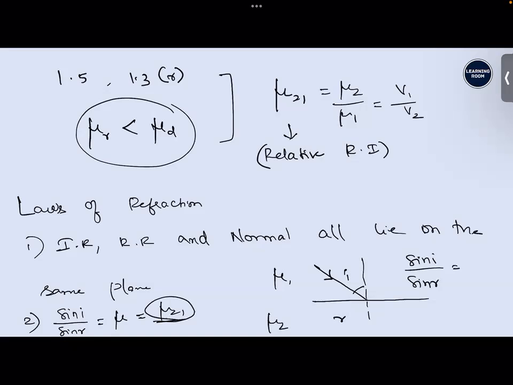Sin i by sin r is a constant. How do you write it? You write mu1 by mu2 or mu2 by mu1. Look at the diagram. So sin i by sin r will be equal to mu2 divided by mu1. That is another point you need to make a note of.